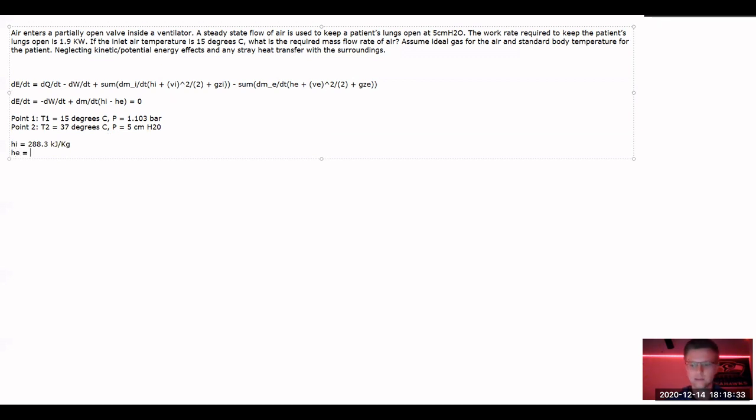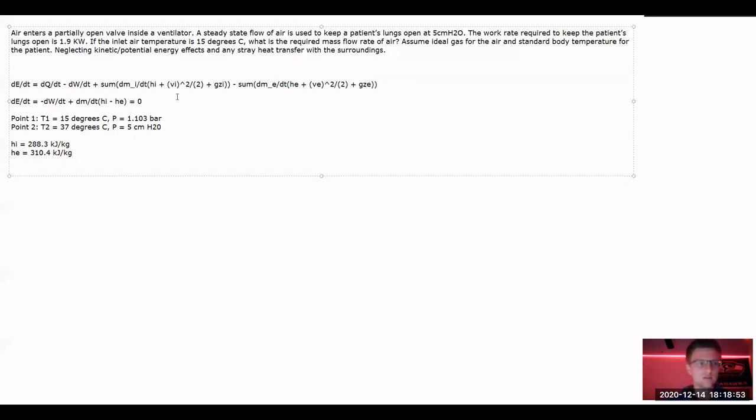Enthalpy at the exit comes out to 310.4 kilojoules per kilogram. And this makes sense because we have the same amount of mass flowing in and flowing out. The only change is that it is increasing in temperature.